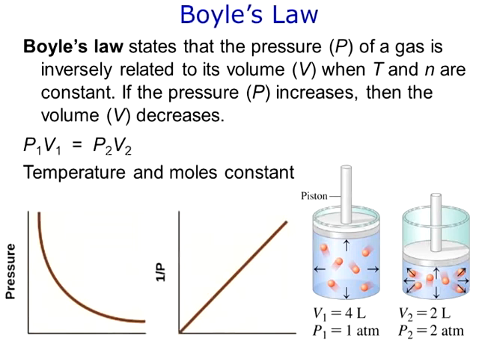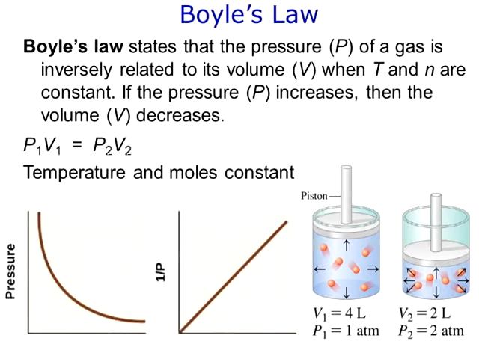Again, that means that if the pressure increases, then the volume decreases. And that is a principle that you will want to retain. We show you examples in the drawing at the right side where you have V1 equals 4 liters, P1 equals 1 atmosphere, then V2 would equal 2 liters, therefore P2 would be 2 atmospheres.